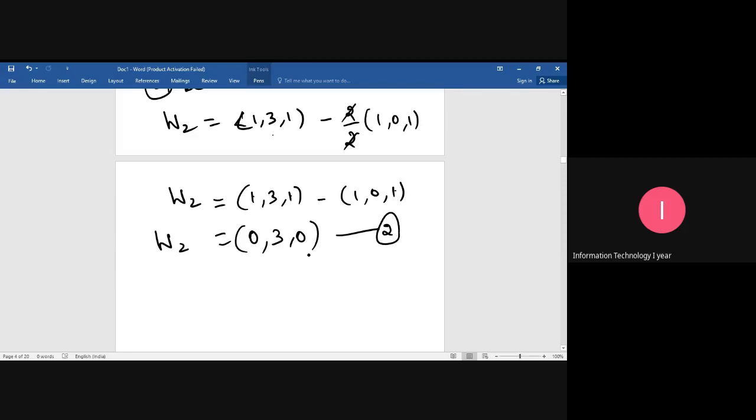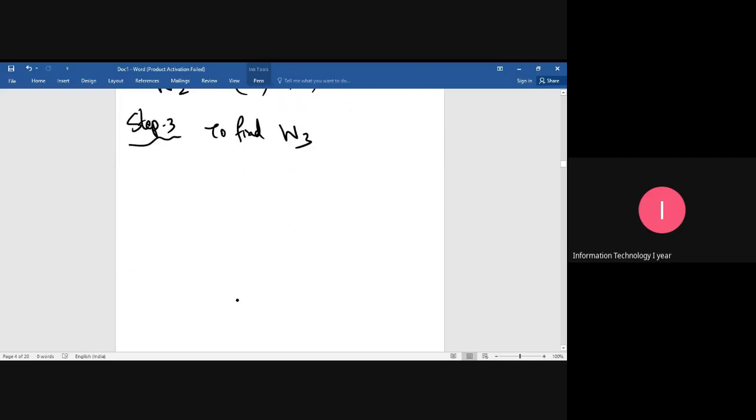W2 we calculated. We need W3 also. Okay, so step 3, to find out W3. So first write the W3 formula.